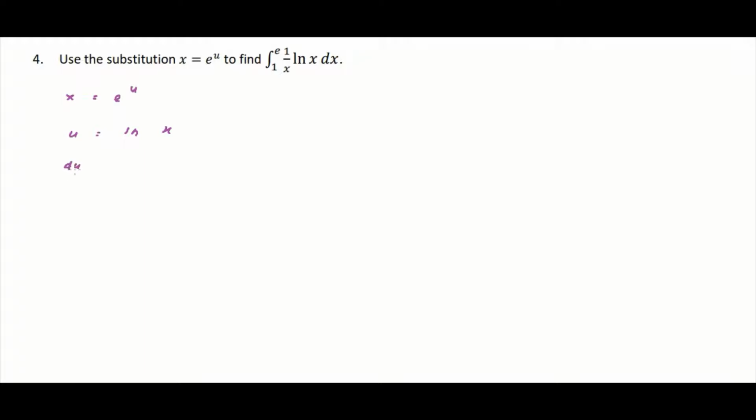So what is du dx? du dx is equal to 1 over x. Since we need to substitute dx later, dx will be equal to du over 1 over x, which exactly gives you x du. Alright, so that's why it's simple for us to change it into this form.